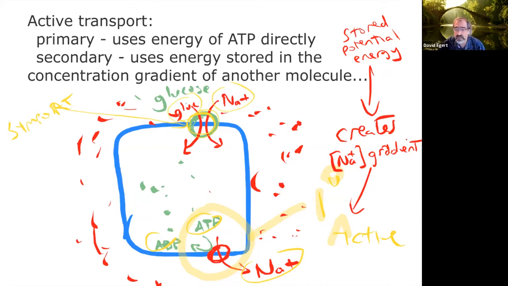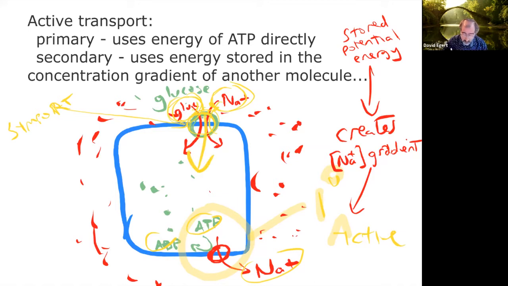This gets back to Courtney's question about whether this is passive or active. Things are going to move along their concentration gradient, but we've created a situation where the sodium really wants to come back in. And sodium can only come back in if glucose is docked alongside it. So the sodium is like, oh, I want to go back in. Oh, glucose!